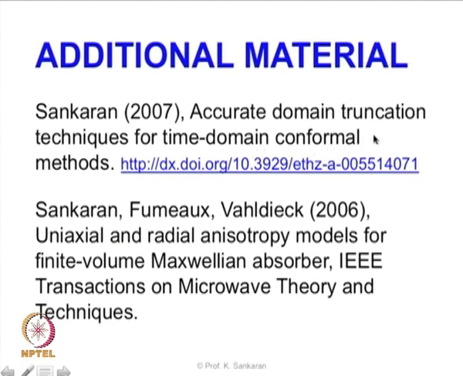It is equally applicable to higher order methods like discontinuous Galerkin or higher order finite element methods. Another paper that is interesting to see is the uniaxial and radial anisotropic models for finite volume Maxwellian absorber. It is also available on the IEEE transactions. If you are interested in open access, I think this particular thesis will give you all the things we have discussed.